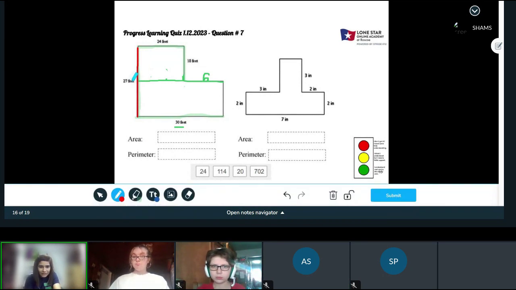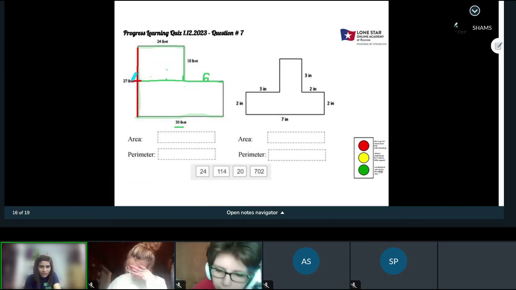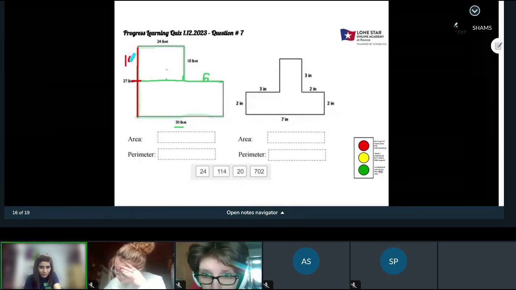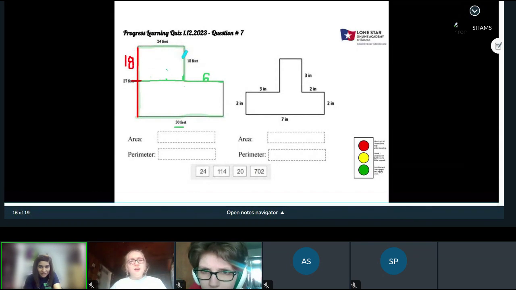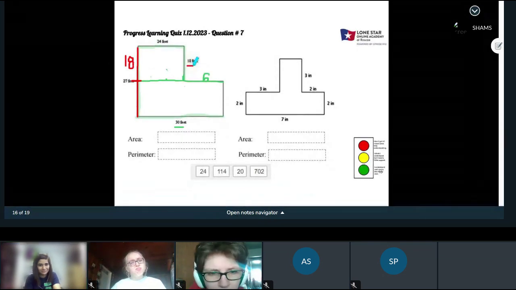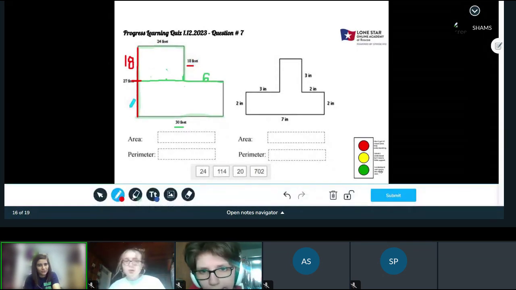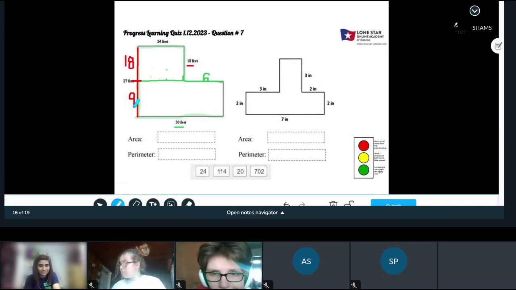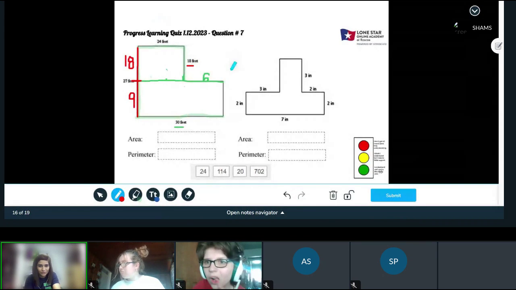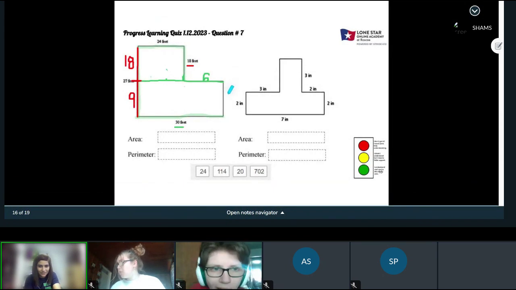I also know that this top part is 18. How do I know? I know because this side is also 18. So therefore the remaining will be the bottom part. I believe the remaining is 9. Any questions? So therefore I will say that this side is 9.